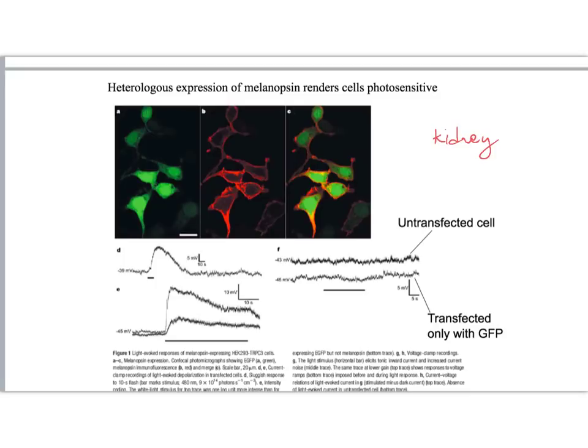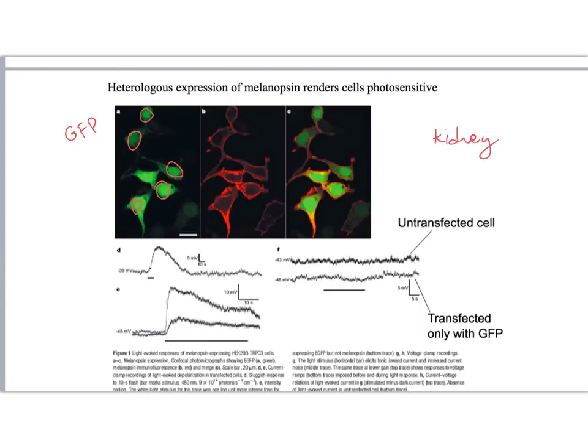And what they're showing here is GFP staining. This is green fluorescent protein. What that's showing is that your construct to target the melanopsin to these kidney cells worked fine. So this is just a marker, a reporter of your construct. The cells are green. That means that they were genetically transformed with the DNA construct that expresses melanopsin.